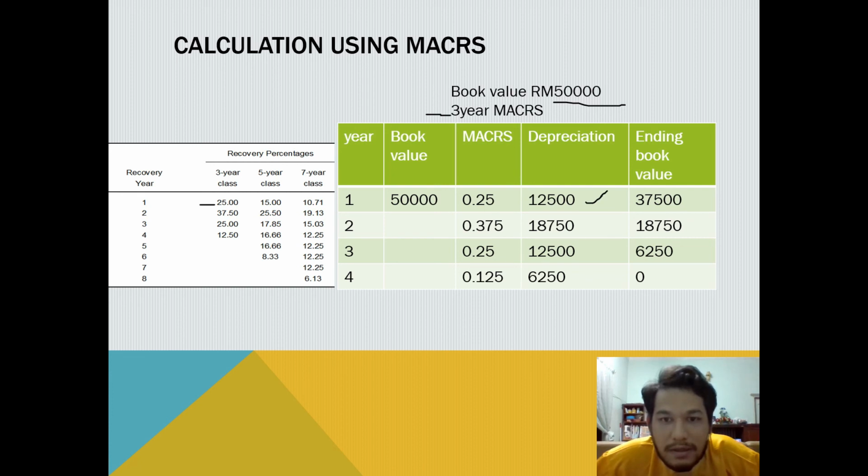And then for the ending book value you subtract: 50,000 minus 12,500, and then you get the ending book value.